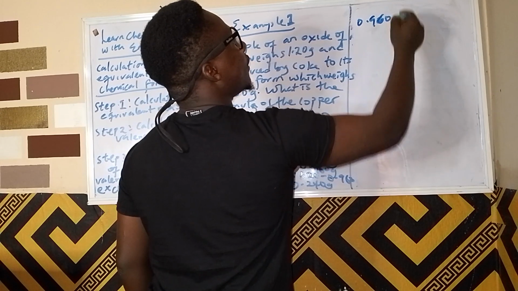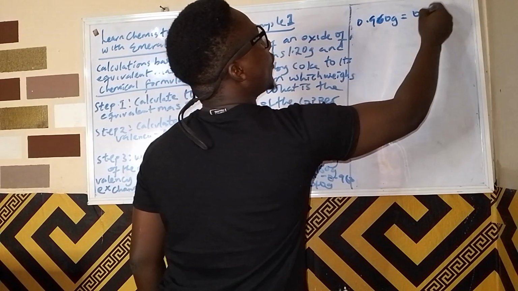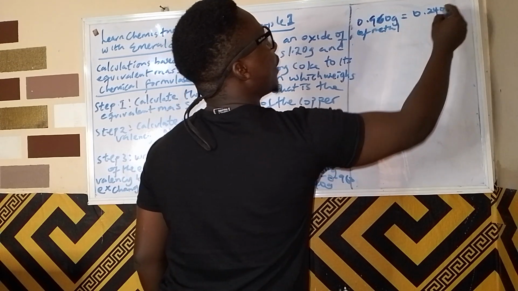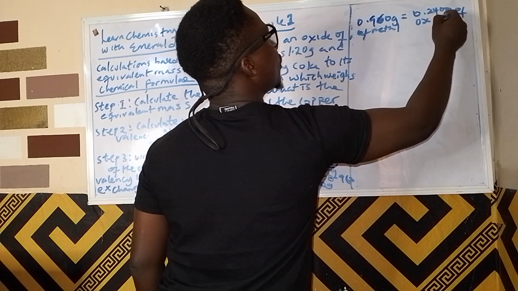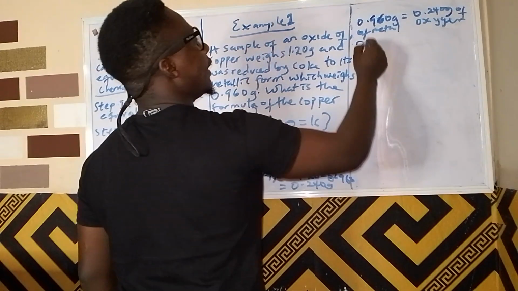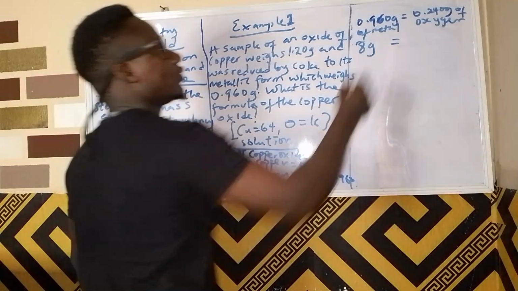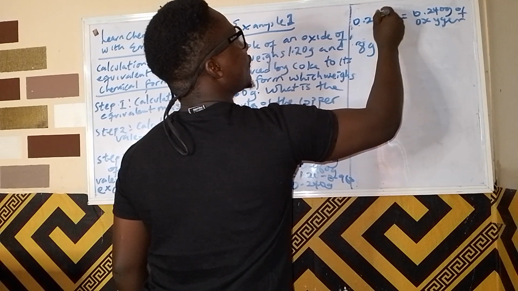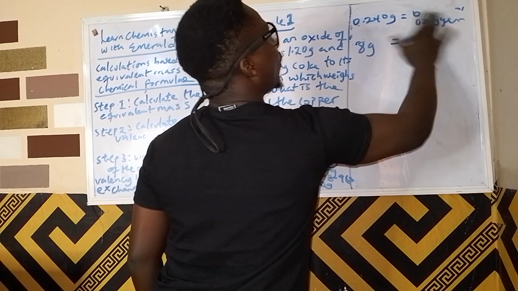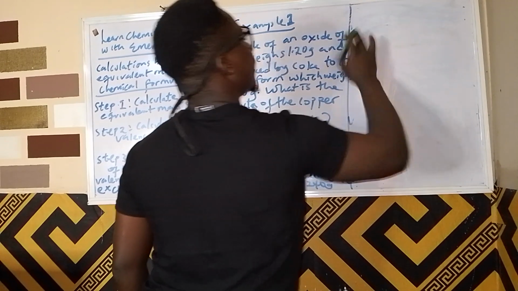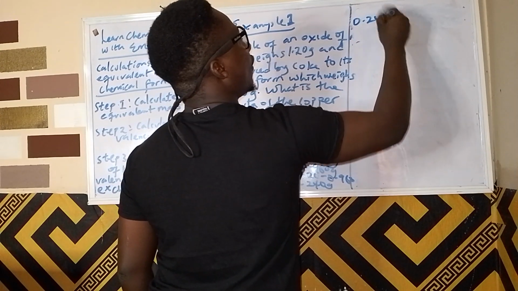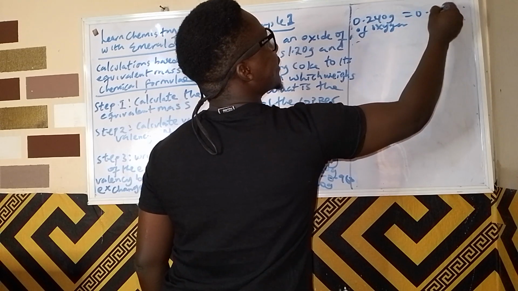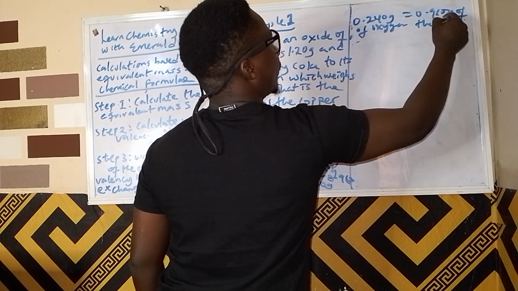Now, from this mass of oxygen, you can find the equivalent mass of the metal. Let's start from the beginning and say 0.240 gram of oxygen combines with 0.960 gram of the metal.